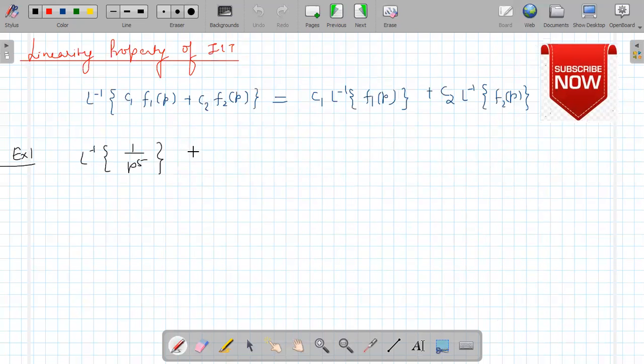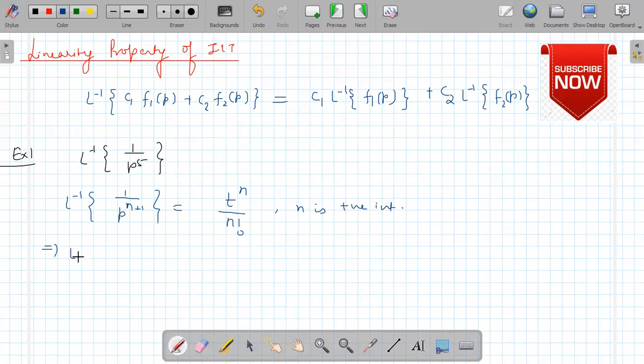So its Laplace inverse, first of all, we'll write the formula. Laplace inverse of 1 upon p raised to the power n plus 1 is equal to t raised to the power n whole divided by n factorial, where n is a positive integer.